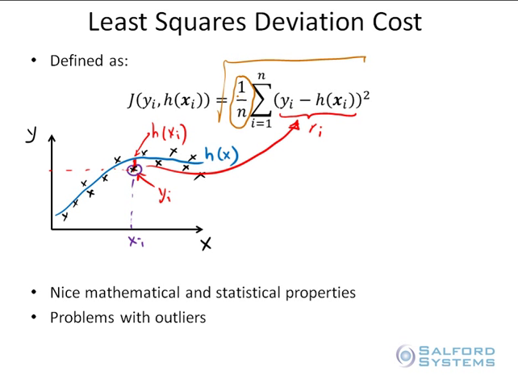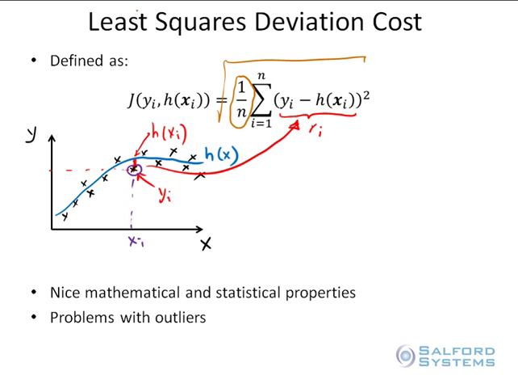Now, the nice thing about having this scaling factor is that when you have different data sets with different numbers of examples, and you calculate least squares deviation cost in those data sets, then you can easily judge at least some rough agreement performance-wise, whether you have good performing models or bad performance in different data sets.